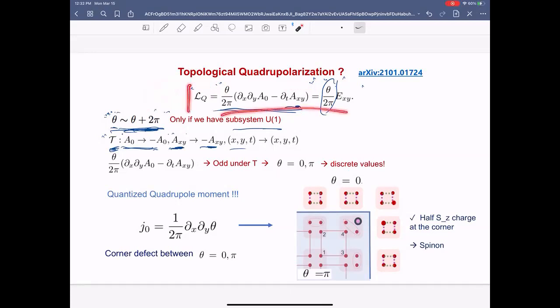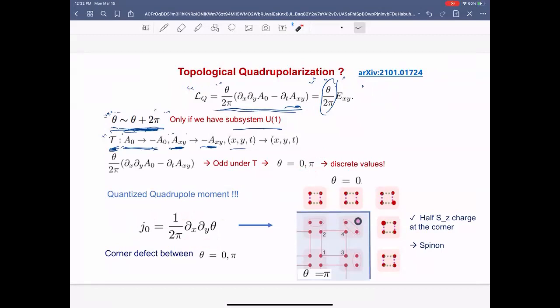So now we have a quantized quadrupole moment. For the higher order topological phase, this corresponds to the case where theta equals pi, whereas for any trivial Mott insulator without any corner mode or with only on-site entanglement, theta equals 0. And what does this quantized response tell us? The saddle point equation of this response tells us that there is a charge density localized at a defect where theta changes at a corner.